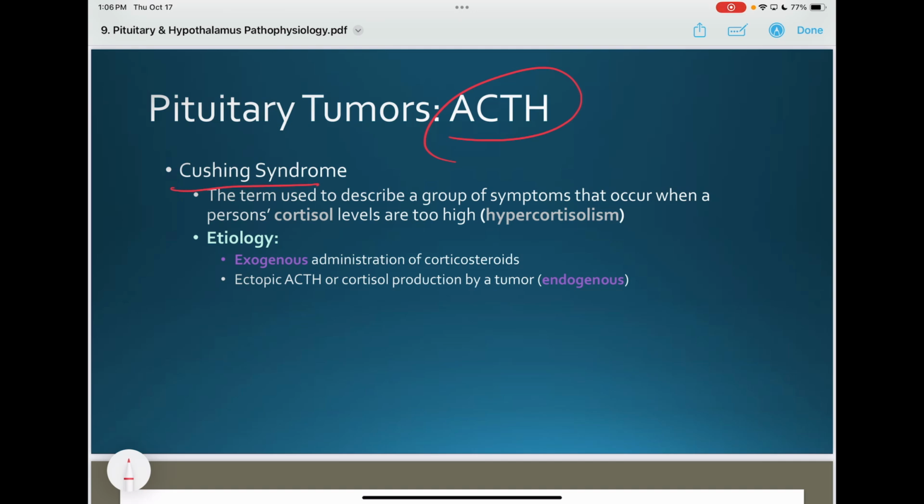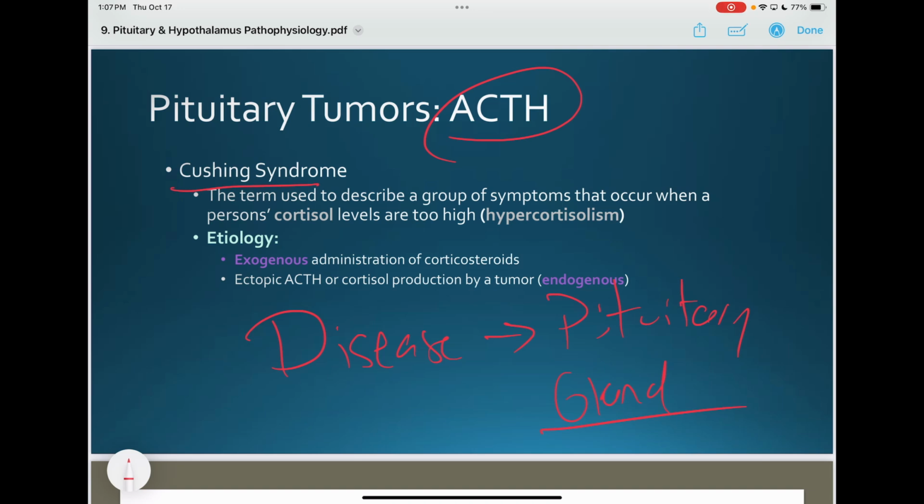You can have Cushing's disease, which means the problem is with the pituitary gland itself. So if you see a question on your exam that says Cushing's disease, it's only related to a pituitary problem that's causing the high ACTH.